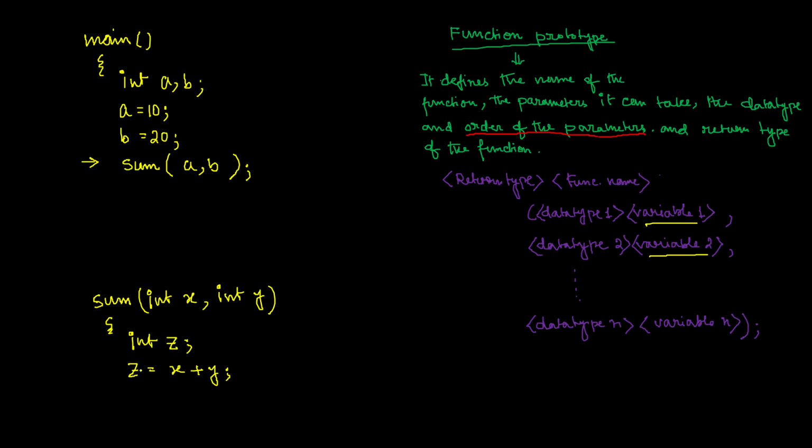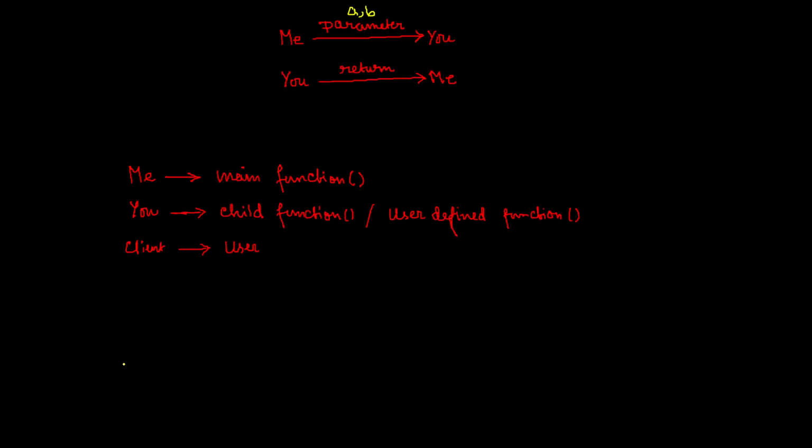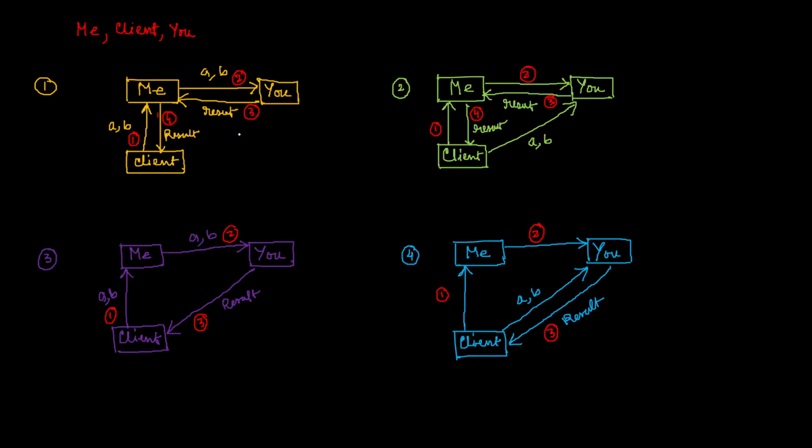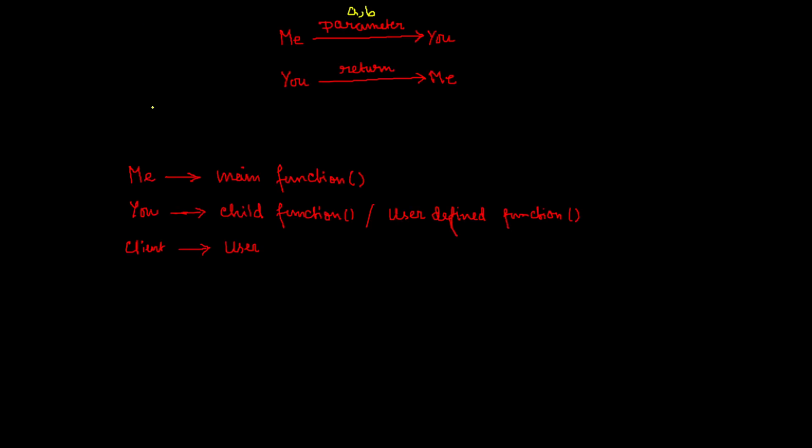And now the z contains the result, and according to the case 1, you should give me the result. Give me means you should return the result to me, because you are child function and I am main function. How you can do this? As you have seen, return.